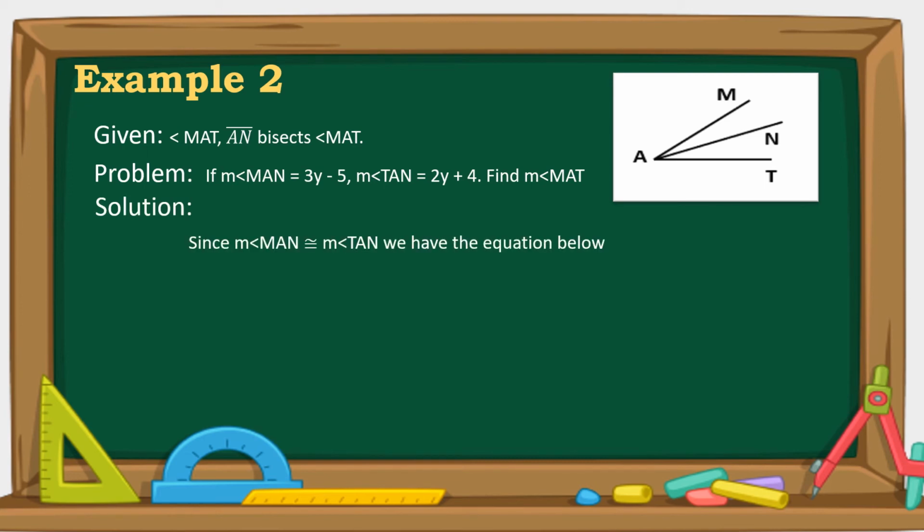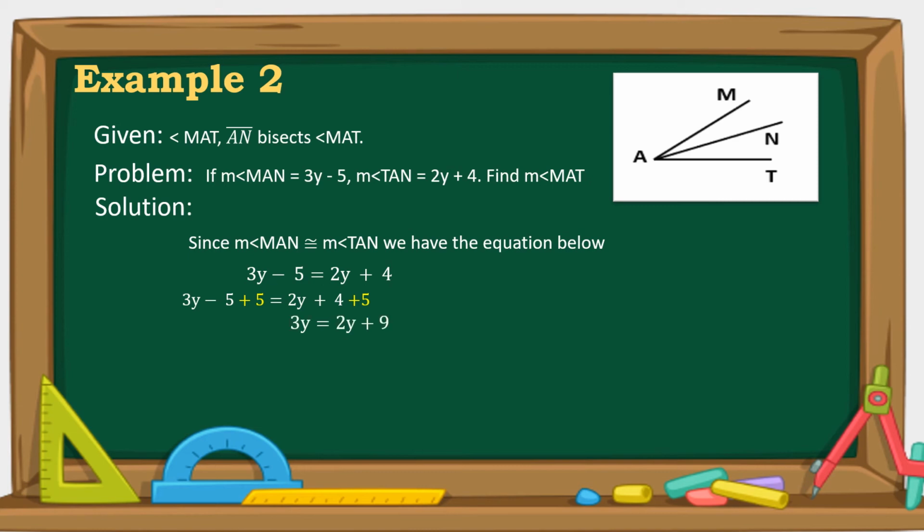Since the measure of angle MAN is congruent to the measure of angle TAN, we have the equation below. 3y minus 5 is equal to 2y plus 4. Now, the first step that we should do is to add 5 to both sides. So we have 3y minus 5 plus 5 is equal to 2y plus 4 plus 5. So we applied APE, or addition property of equality.